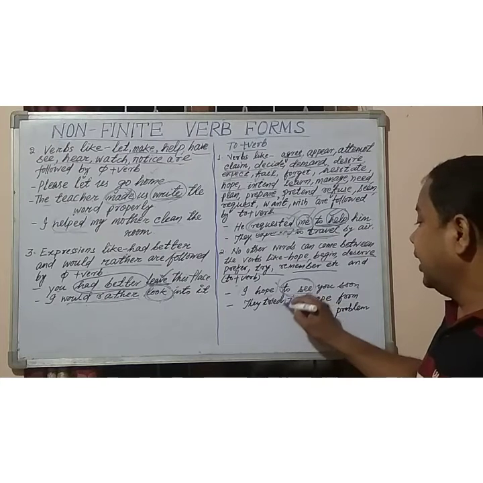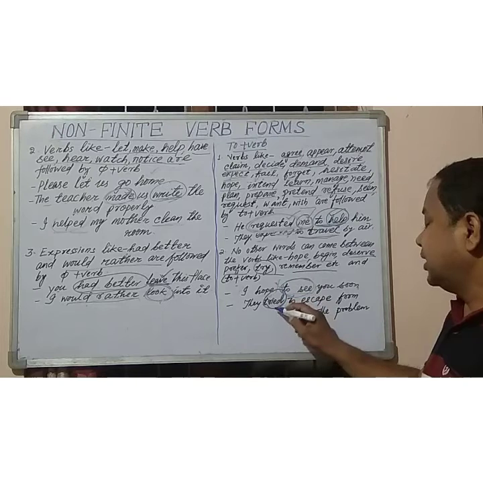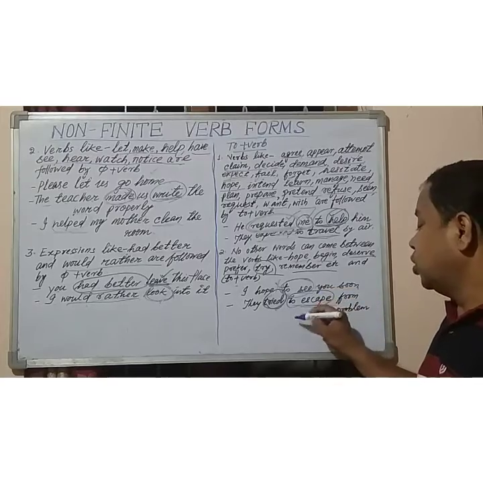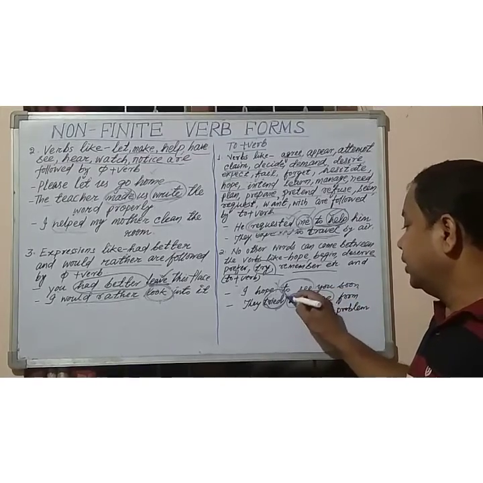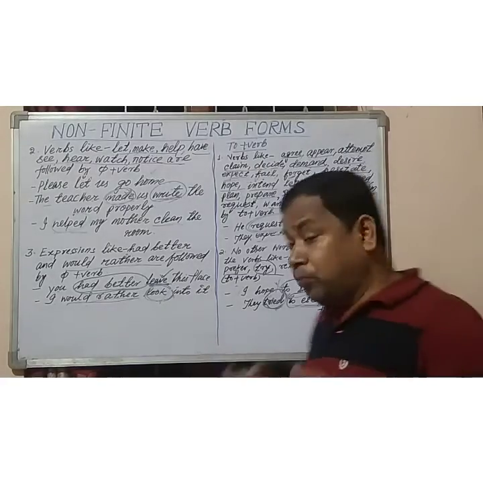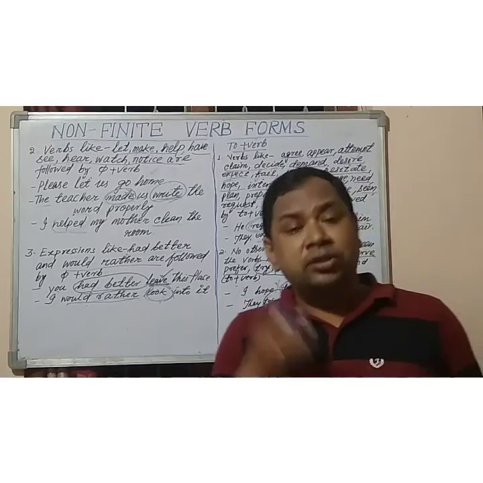You see here, tried. You see this word is try, so it is tried, and the non-finite verb is escape. It is in the to plus verb form. So between them there is no word. So we discussed here 2 points. Now let us discuss the point number 3.